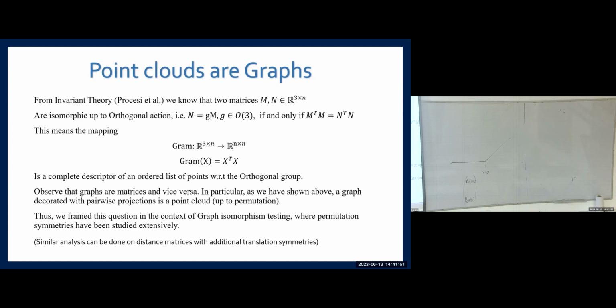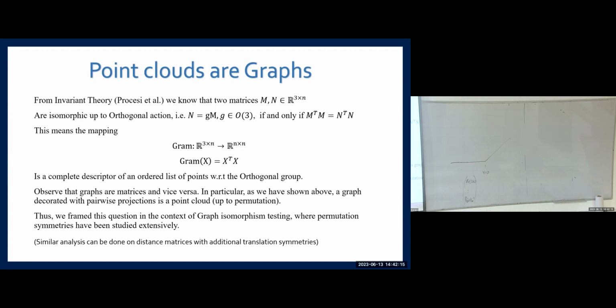And right, so this Gram matrix is very reminiscent of a type of adjacency matrix, right? So it's kind of an adjacency matrix of a graph with pairwise continuous features. In regular graphs, we can describe any graph using a binary matrix.